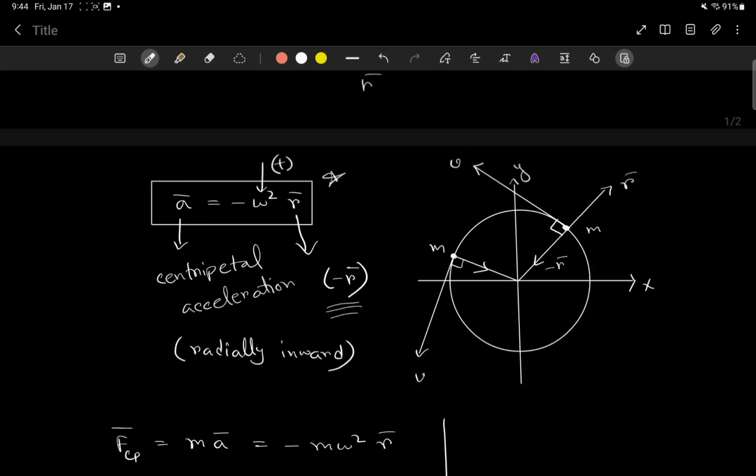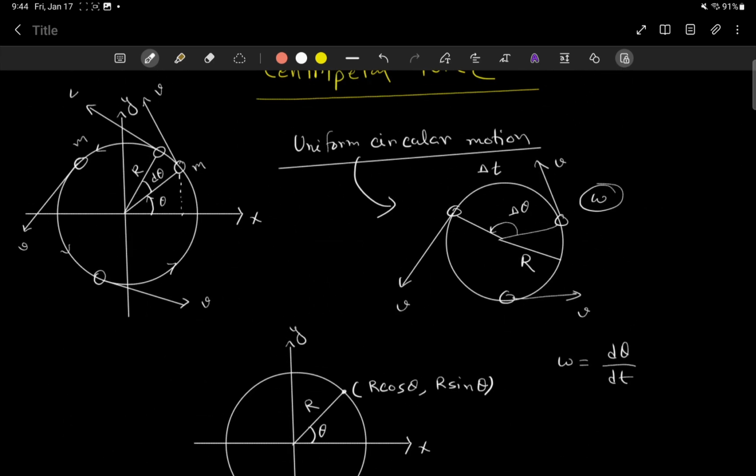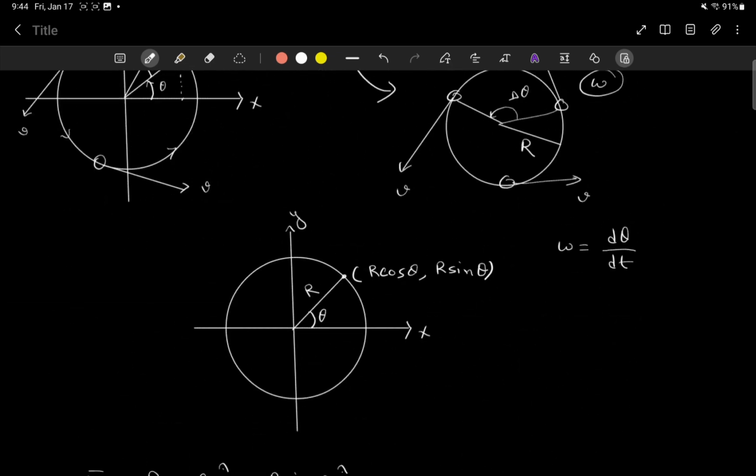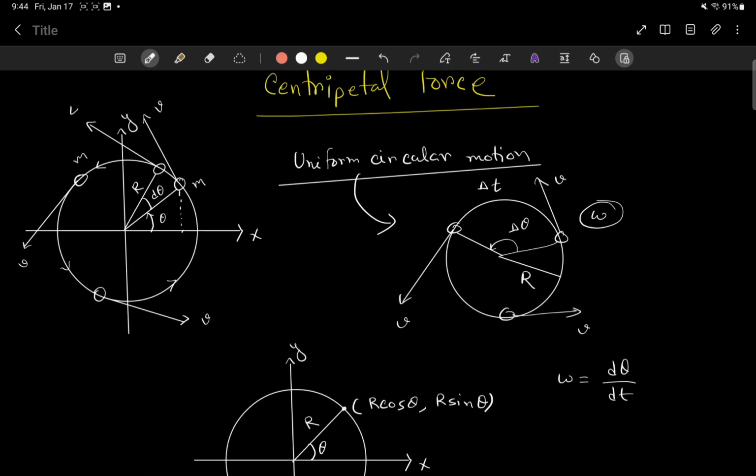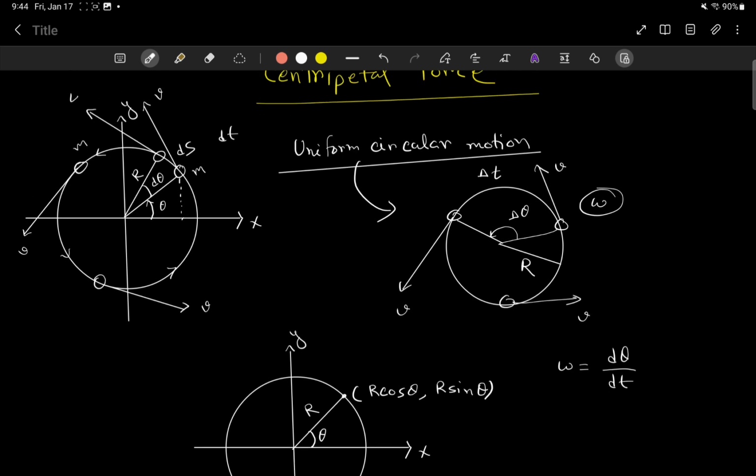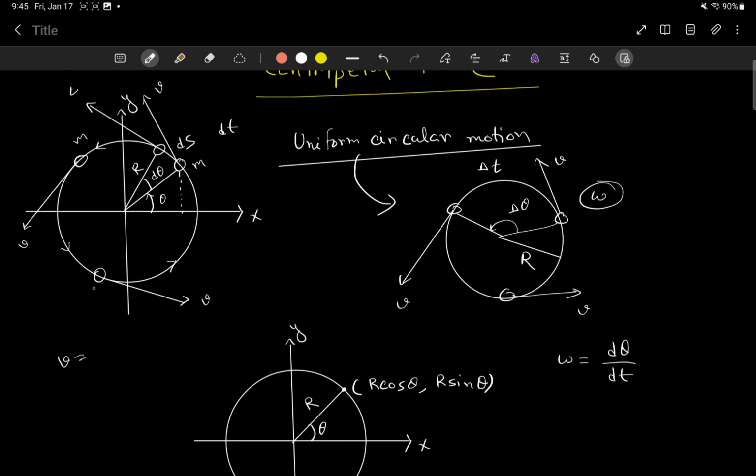There is another form, and you can see that we have already drawn the figure here. Let's say this arc length is ds. In time dt, this object has moved a distance of ds, so the speed is equal to ds/dt.